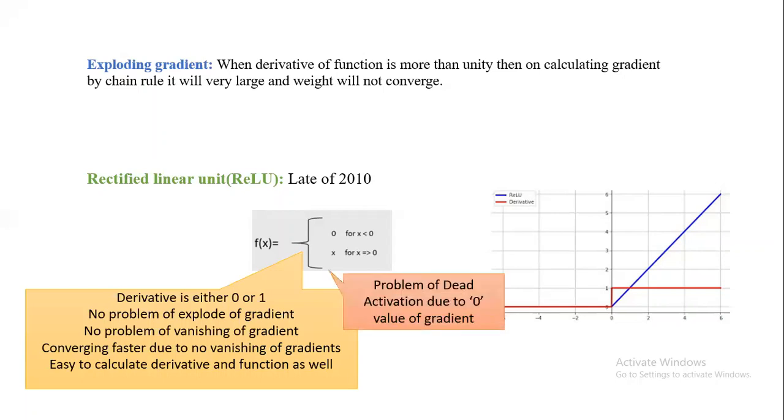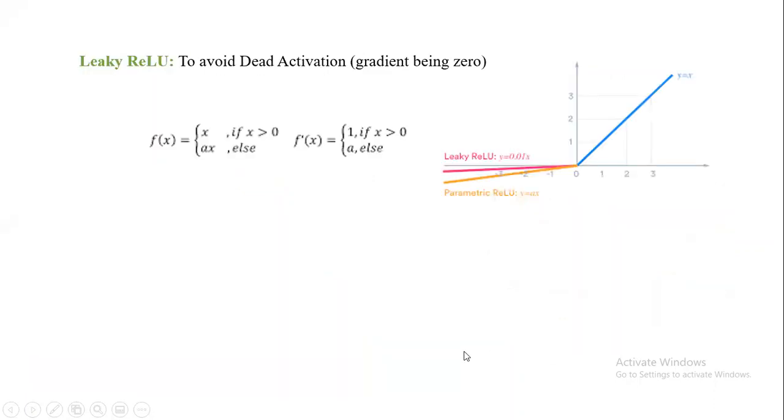The problem is dead activation due to zero value of gradient. It has a value 0 on the left side of the function, so it has dead activation due to zero gradient. To solve this problem, people came up with leaky ReLU.